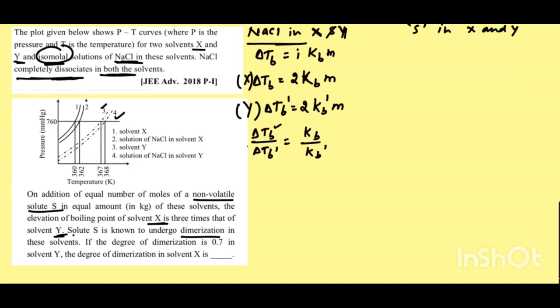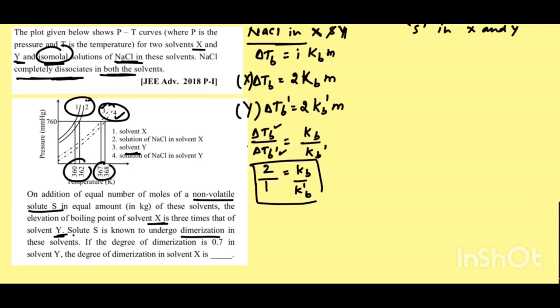Delta Tb is the elevation in boiling point for solvent X, which is 2, divided by delta Tb dash, the elevation for solvent Y, which is 1. So we have got the Kb upon Kb dash ratio.